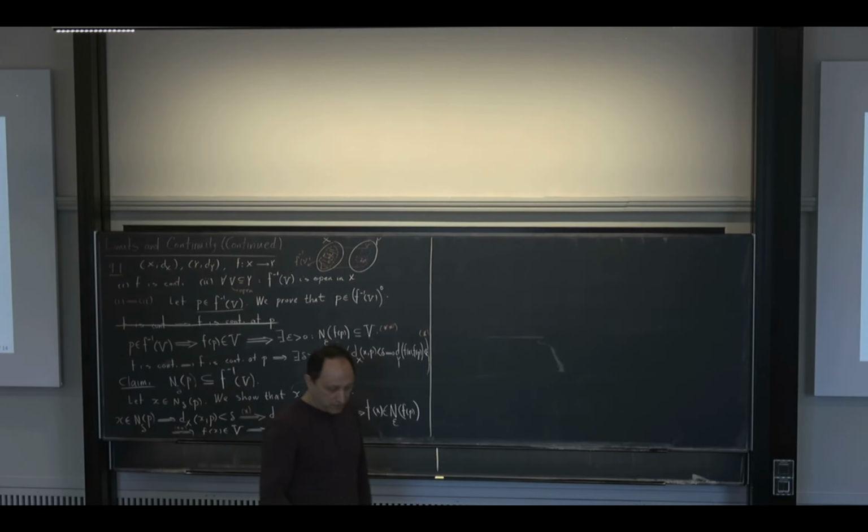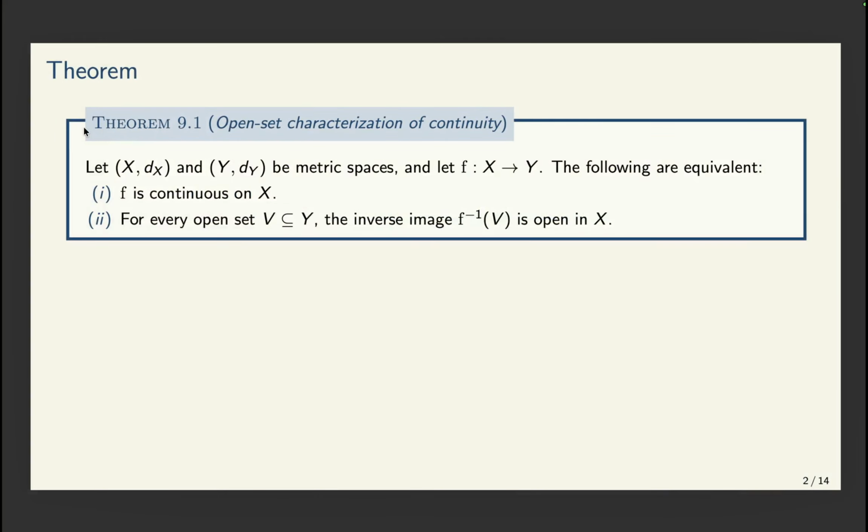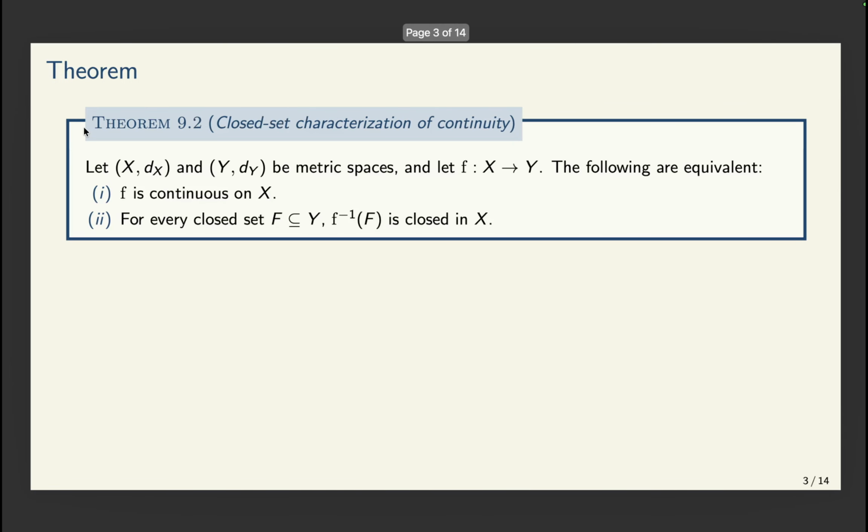Okay, so let us go faster a little bit now. There is another one. You might say, Babak, we learned that there is not that much difference between open sets and closed sets. Why do we define continuity based on open sets, and then there is another theorem immediately that says that the same thing happens if you work with closed sets.